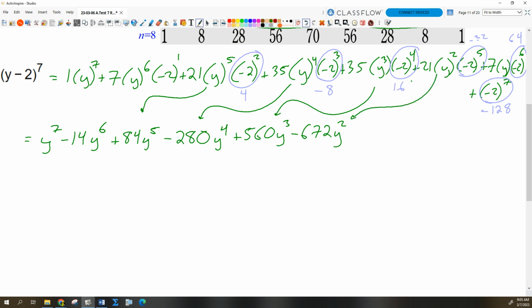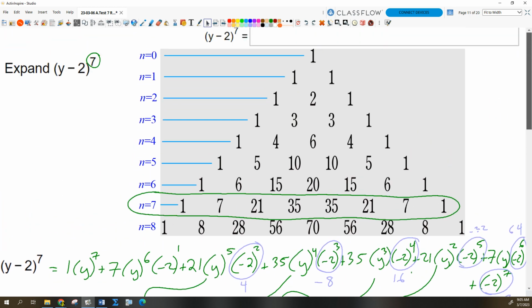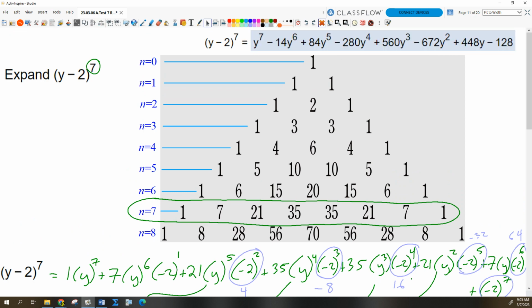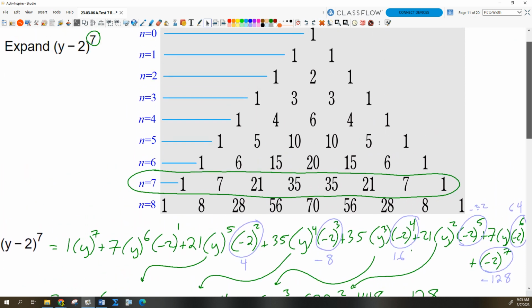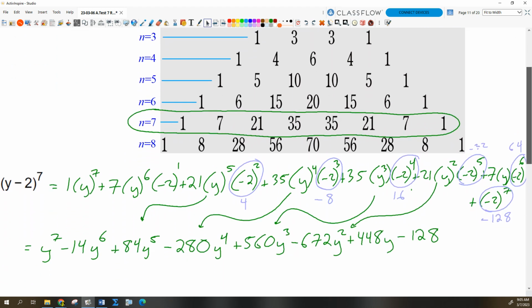And then what do we get here? 7 times 64. So that's going to be 420 plus 28, 448 plus 448y. And then finally, minus 128. Well, I don't know that I did all my mental math right here. I guess we'll see if I did. Those numbers look right. Oh, 670. Yeah, I guess I did. Okay, good enough.